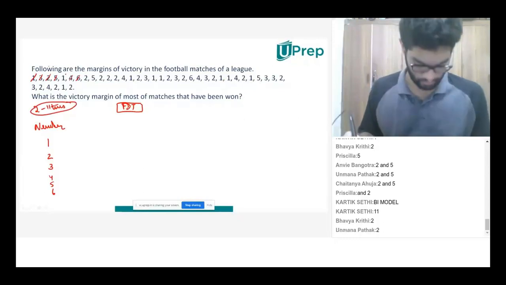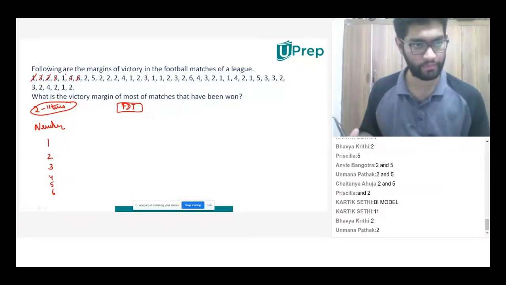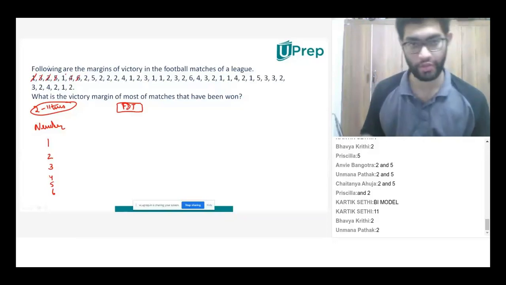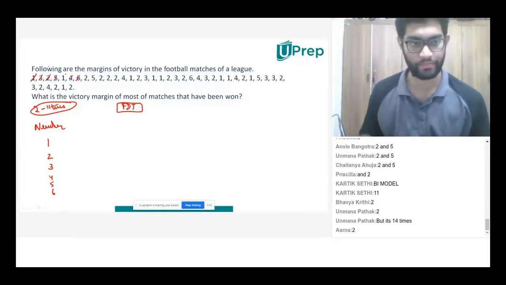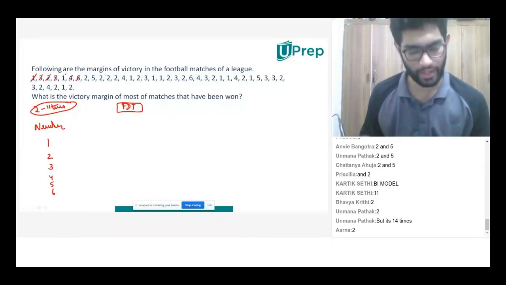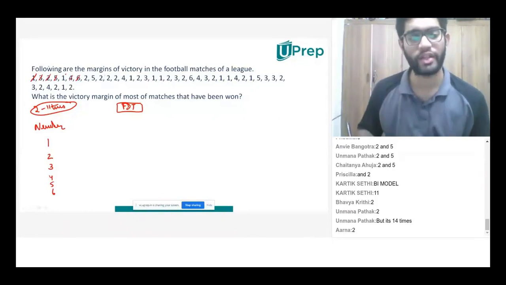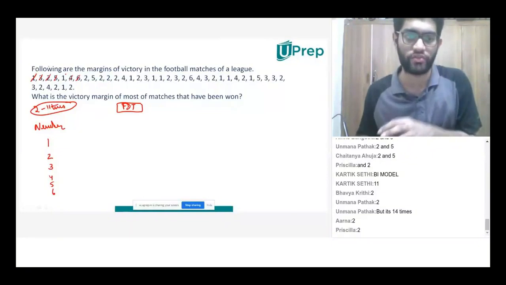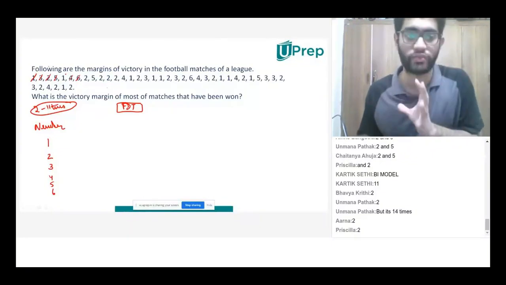I have a question. If they ask the mode, should we say the number of repetition times, or the number which is repeated the most? The number which is repeated the most number of times. Good question. Karthik put 11. Yeah, what you meant was 11 times. Karthik, the answer is 2. We are looking at the number with the highest frequency, not the frequency itself.